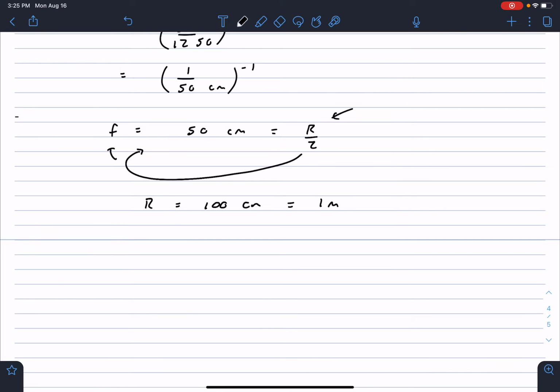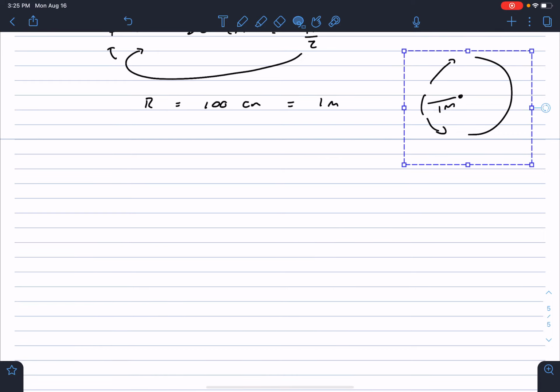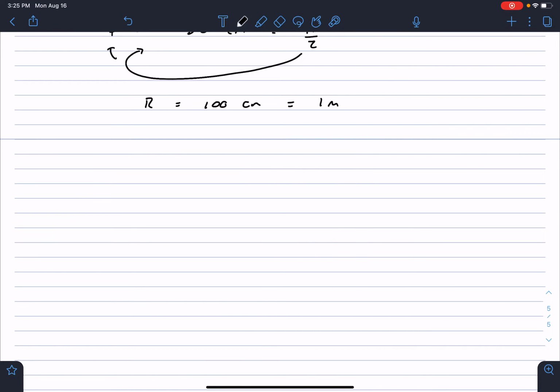Well, I mean, if you extended it, that's what I'm saying. If you have a little concave mirror and you extended this all the way into a circle, this radius of curvature would be 1 meter, right? It's pretty interesting. Next problem, number 19.